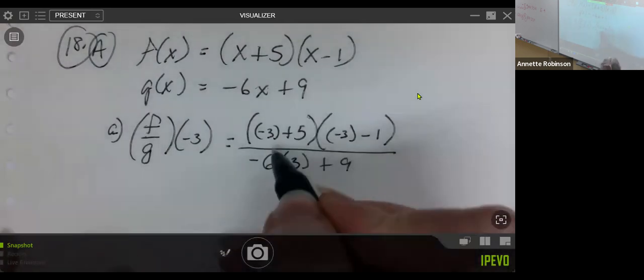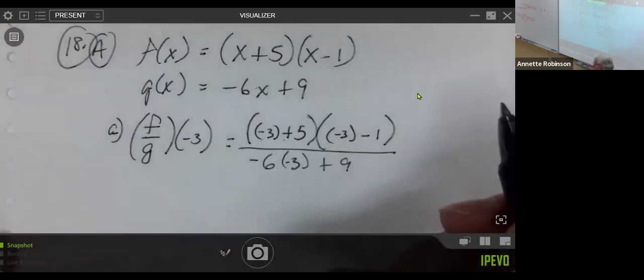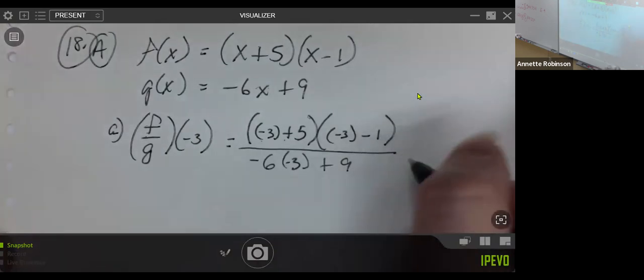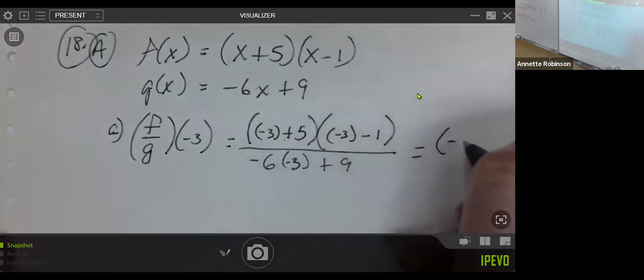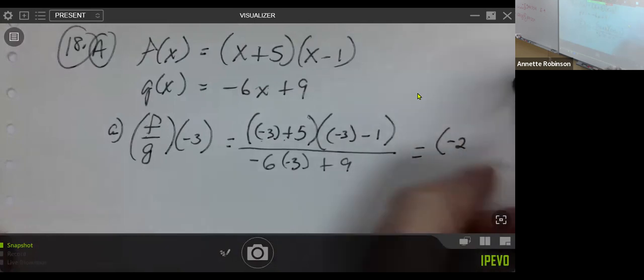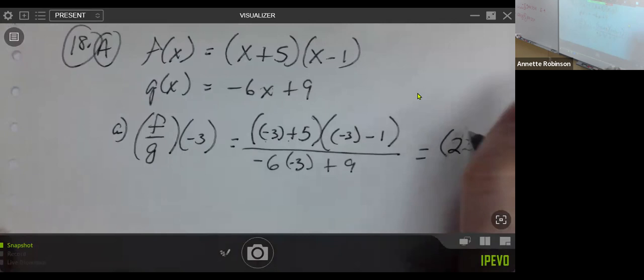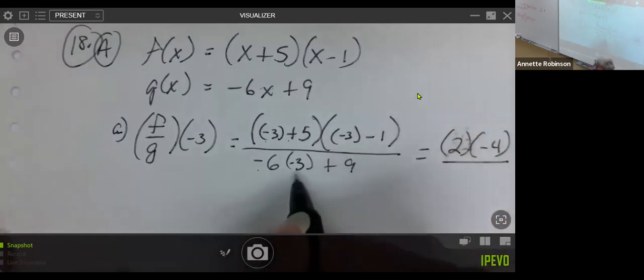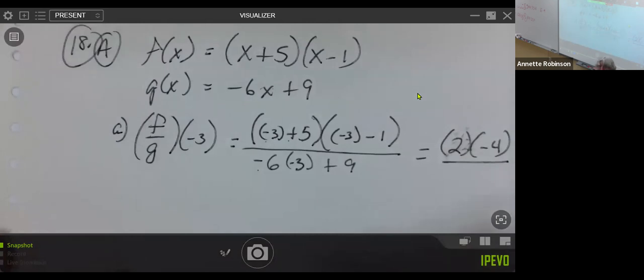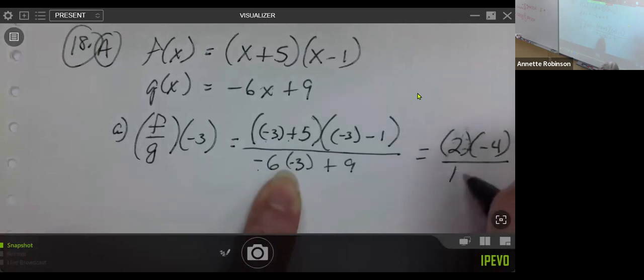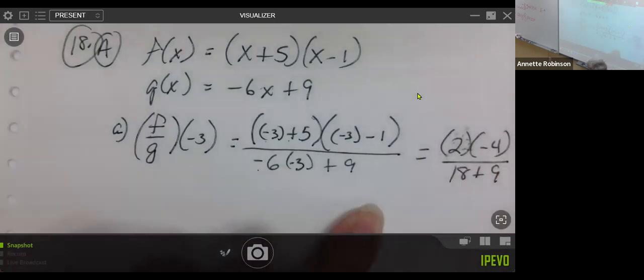Well, what's negative 3 plus 5? What is negative 3 minus 1? So we've got a 2, a negative 4. What's negative 6 times negative 3? 18, and 18 plus 9 is 27, and 2 times negative 4.